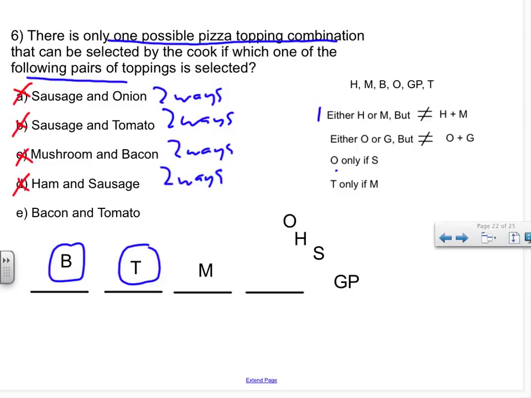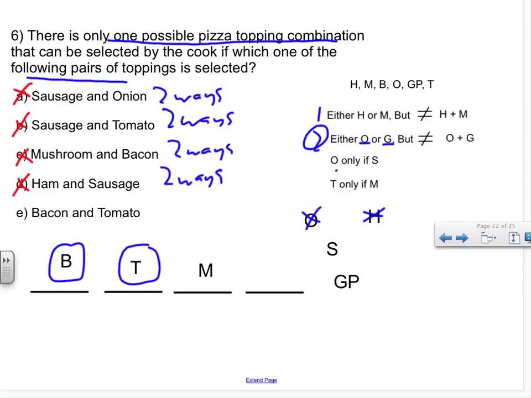So I need to meet the second condition. So I know that if I put O here, I know I need, secondly, for the second condition, I know I need O or G. If I put O there, it breaks the second condition because I need S with it. So I know that I can't use O. And I can't use H anyways, because H and M can't go together.